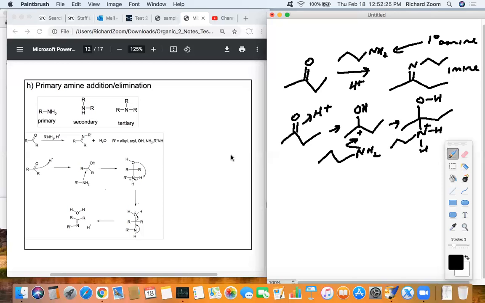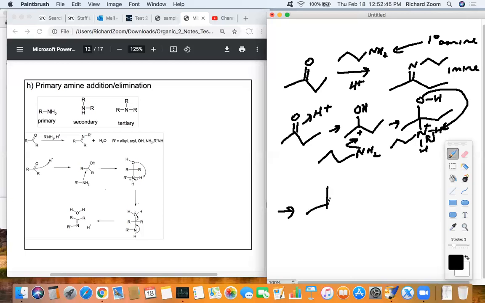Now, if you look at the product here, and if you're doing a mechanism, you'll always have the product in front of you. You'll notice there's no presence of an OH, which tells you that the O is going to be protonated so it can leave. And the best way to protonate it is by looking at what I'm calling a proton transfer.